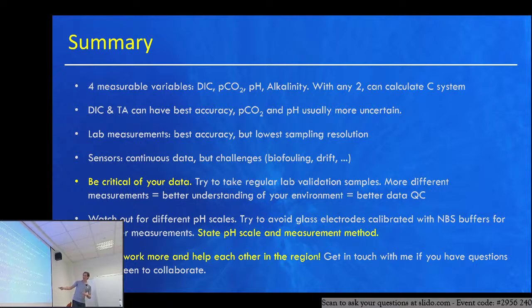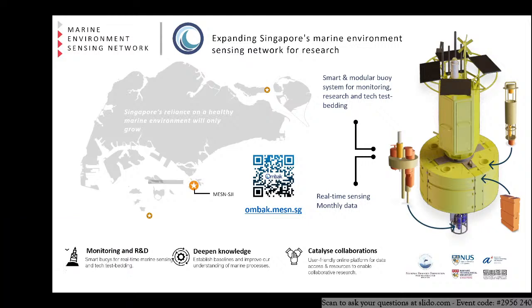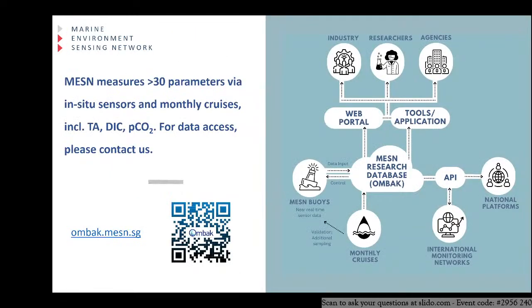I just want to wrap up by flashing up our MESN measurement program, because I think there are some people on the live stream today who didn't see this yesterday. We're measuring carbonate system data partly with our monthly boat measurements of TA and DIC, but also with sensors on the buoy. And really excitingly, for data access, please contact us.